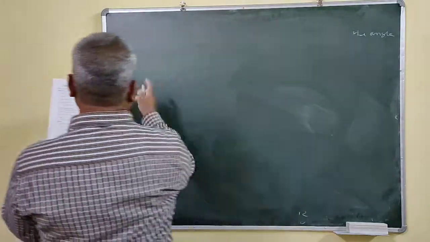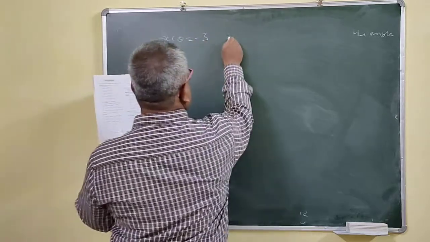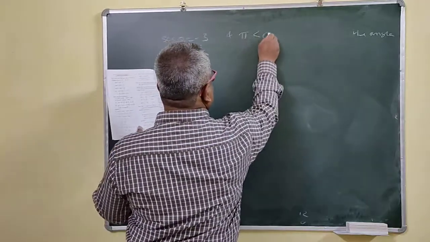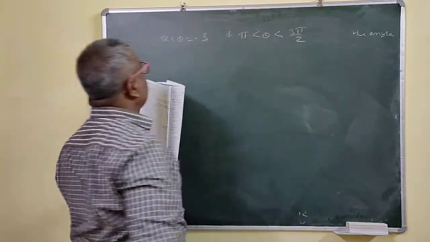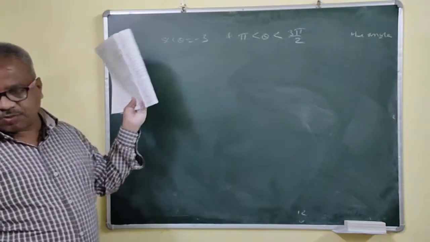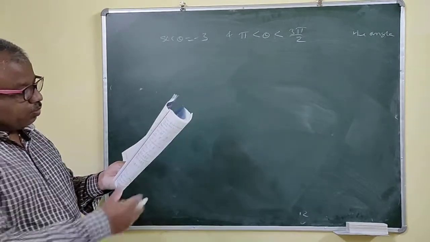Now, sec theta is equal to minus 3, and pi less than theta less than 3 pi by 2. So what have we been provided? The value of sec theta is provided to you. The position of the angle is provided to you. And what is the problem?